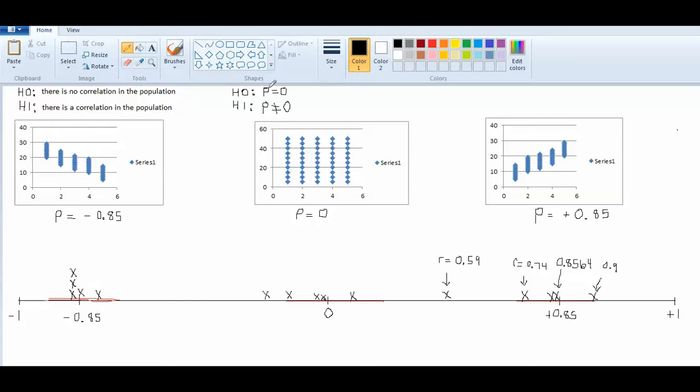So this is basically saying no correlation, like it is here. And this is just saying that there is a correlation, like it says right here. This is just another way of saying this, and this is just another way of saying this.